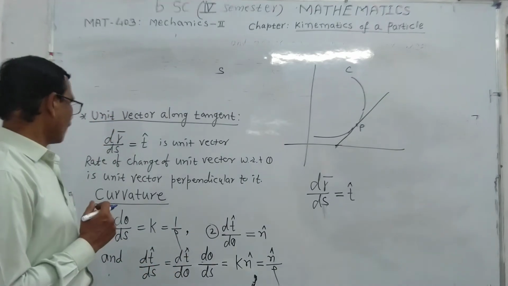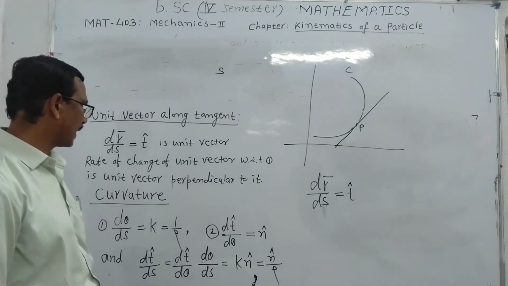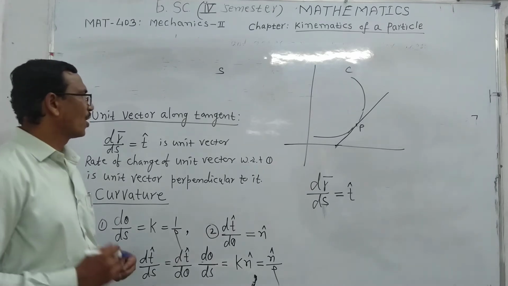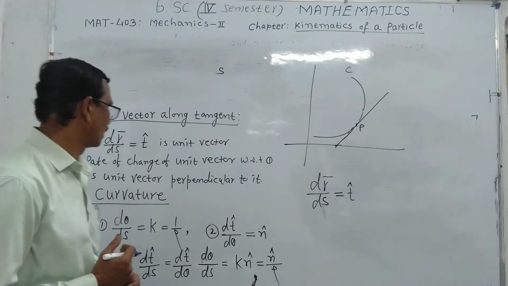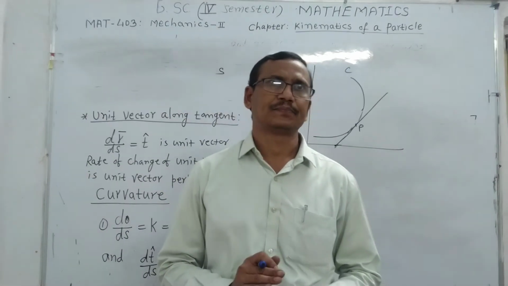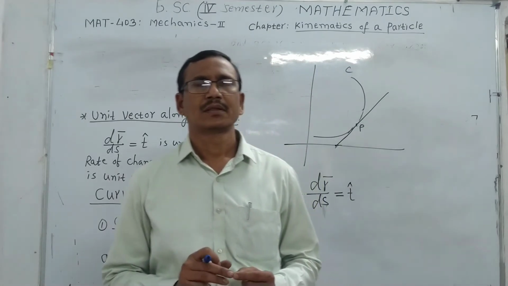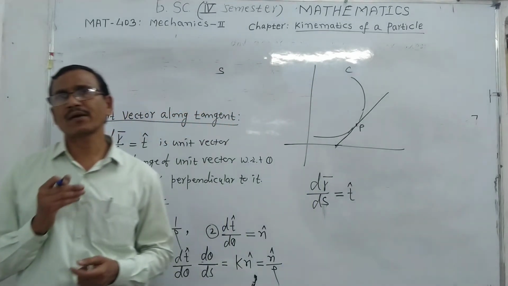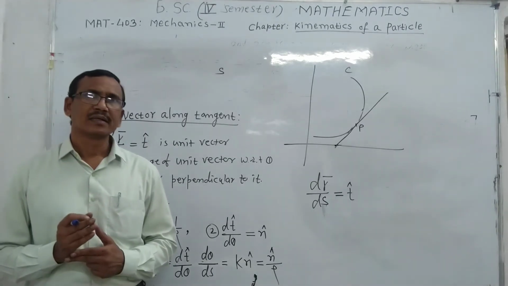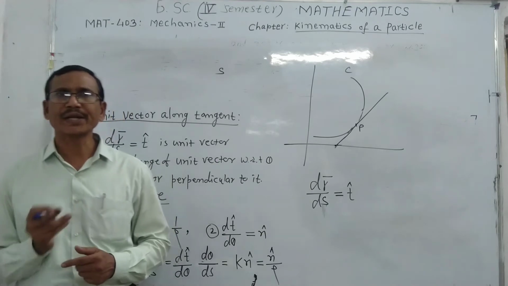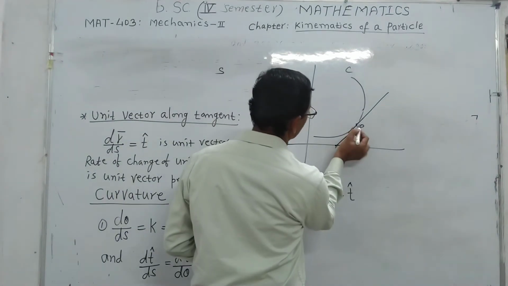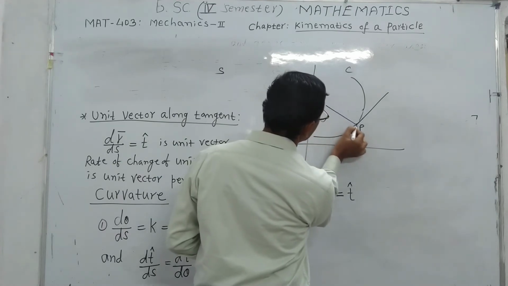Now the rate of change of the unit vector along the tangent at P is a unit vector perpendicular to the tangent. Suppose this is the perpendicular to the tangent.